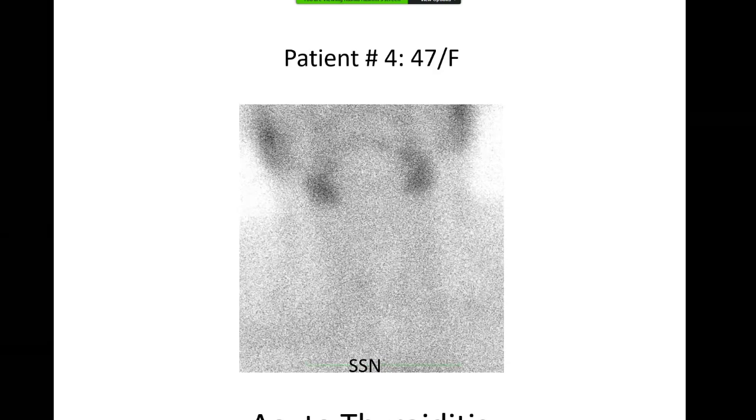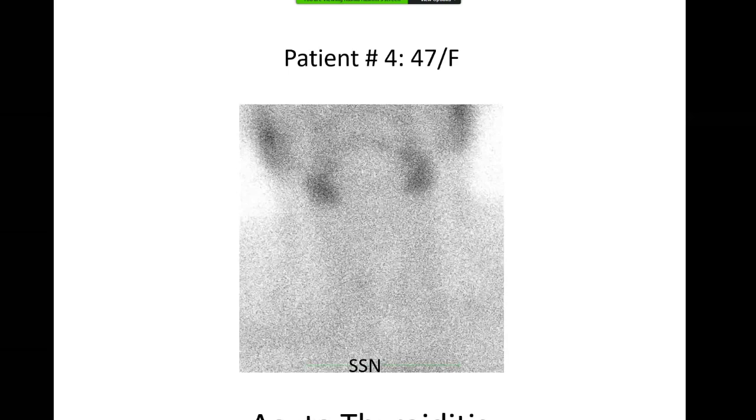The uptake part for pertechnetate and iodine is the same for the thyroid gland, but iodine has one more step.